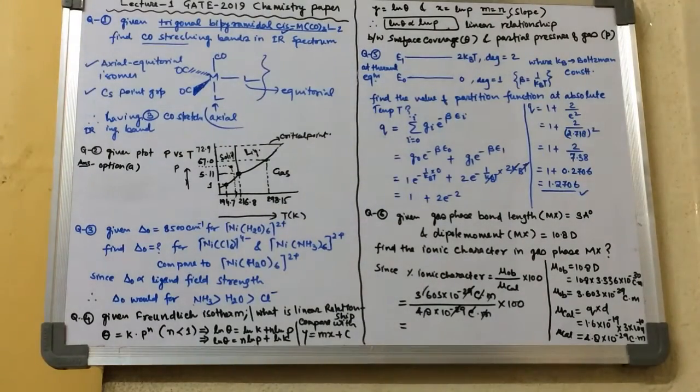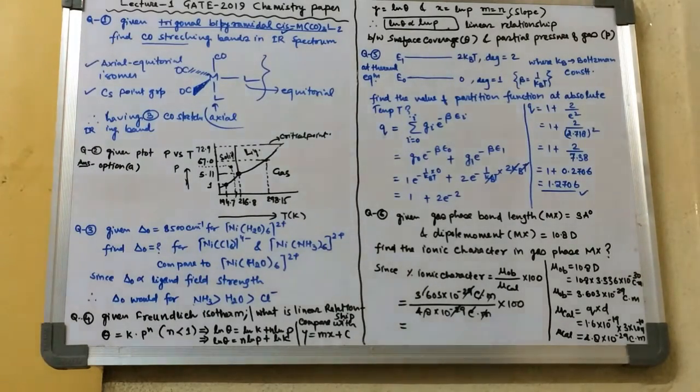So the option is ln theta versus ln p, so option B will be the correct option.